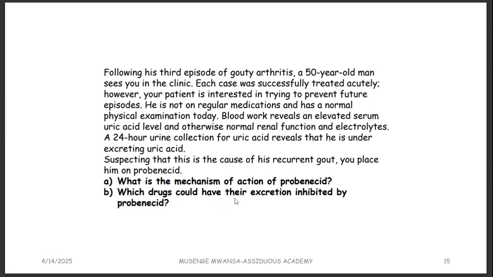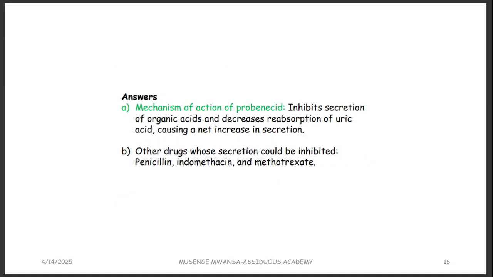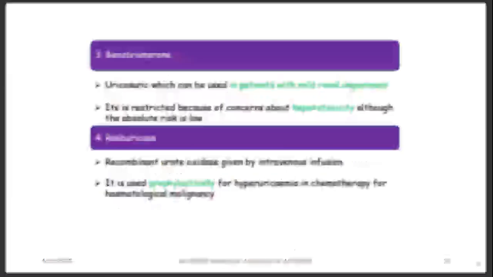Drugs that could have their excretion inhibited include penicillin, indomethacin, methotrexate. So they'll still be in the body, you do not excrete them, so they can lead to some adverse effects.